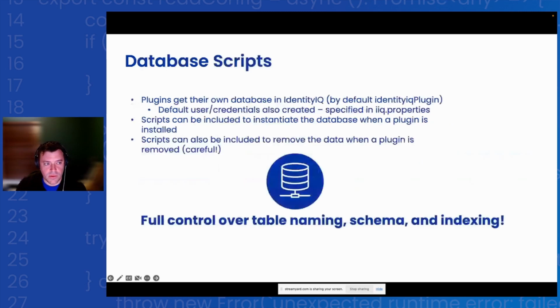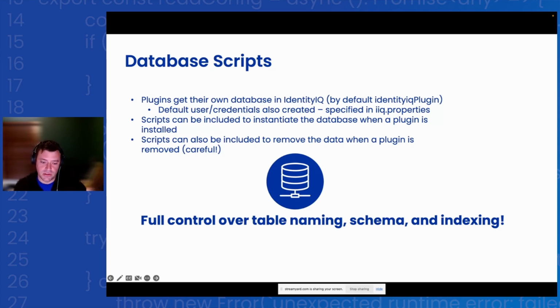All right, so we talked a little bit about database scripts. When you first install IdentityIQ, you spend a lot of time looking at the IQ.properties file. This is where you're configuring the means by which IdentityIQ's front end talks to its back end. You'll notice in all the new versions of IdentityIQ, there's actually a separate section for plugins.